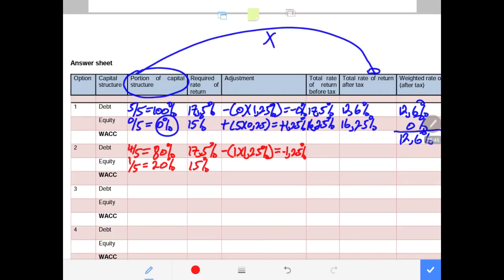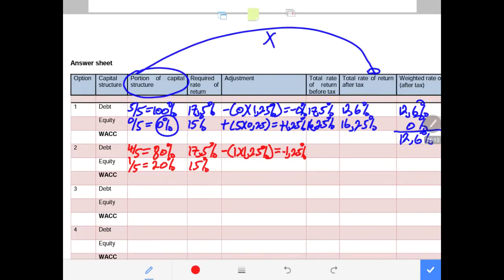But remember, for every 75,000 that is funded by the bank, the interest on equity will increase by 0.25. Now the question is, how many 75,000s are taken by the bank? There are 4 75,000s taken by the bank, and only 1 75,000 taken through equity.